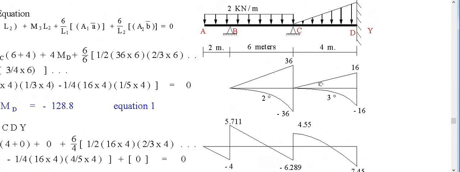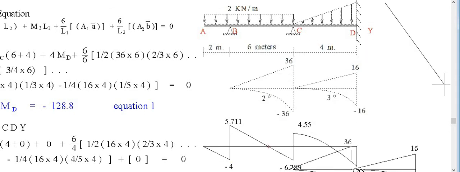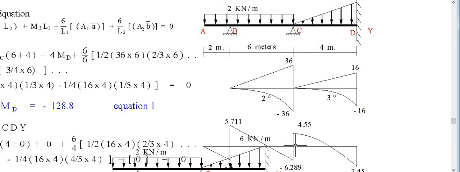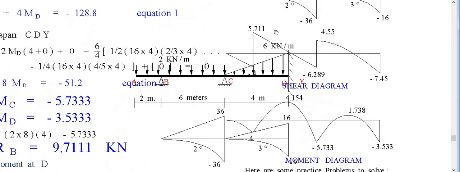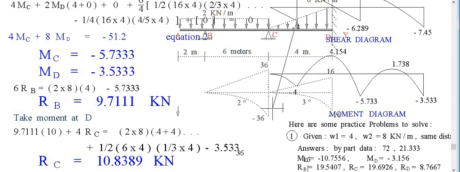First I will bring this drawing here down below, nearer to the solution.